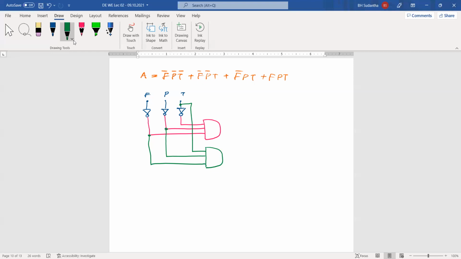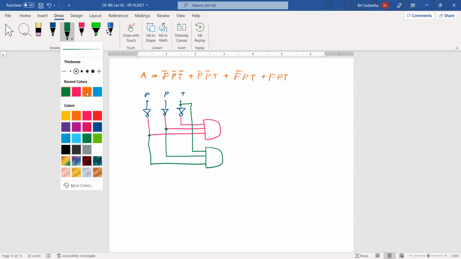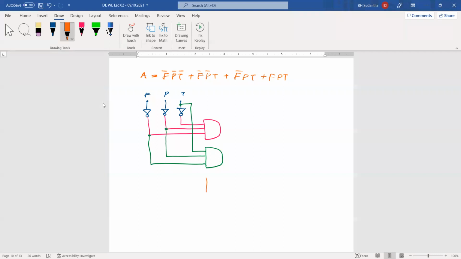Okay. Then the third term. We need T and F bar.